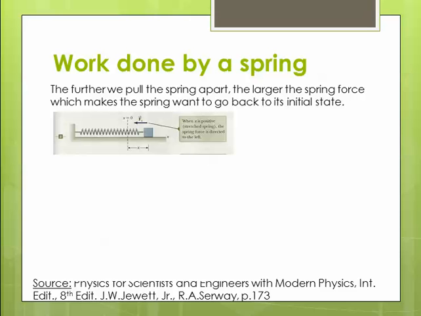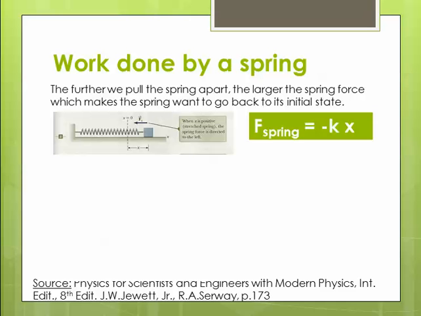So if we pull on a spring, there is a force which wants to make the spring go back to its initial state. This force we call spring force. Here you see the spring force.